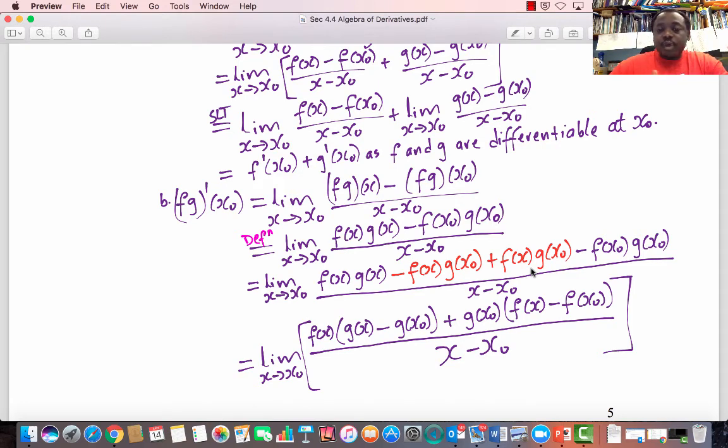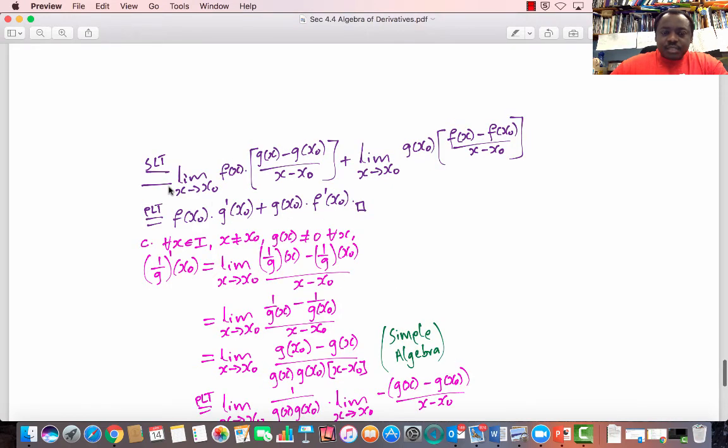And using simple algebra and rearranging our numerator, we have limit as x approaches x naught, this term and this term, I factorize out f of x. I'm left with g of x minus g of x naught plus this term and this term. I factorize out g of x naught. I'm left with f of x minus f of x naught, all of that divided by x minus x naught.